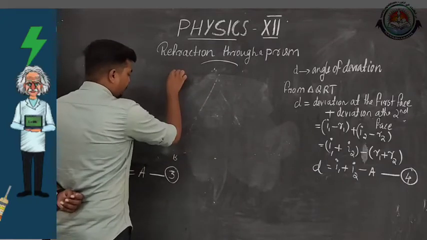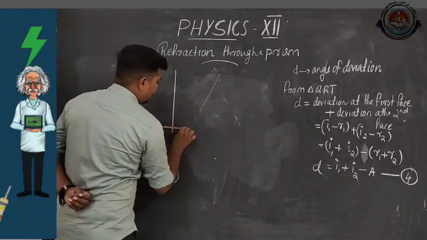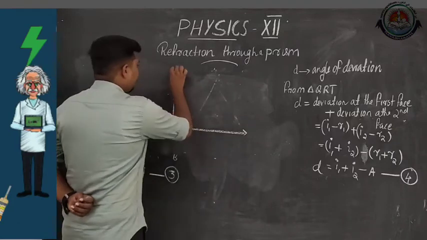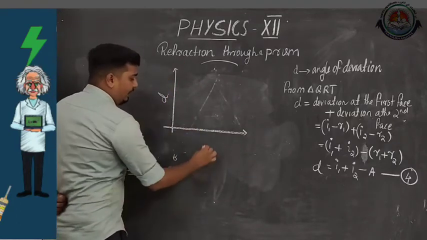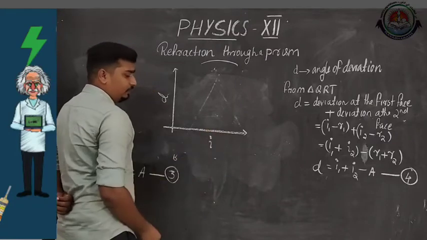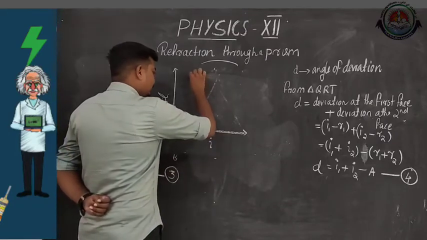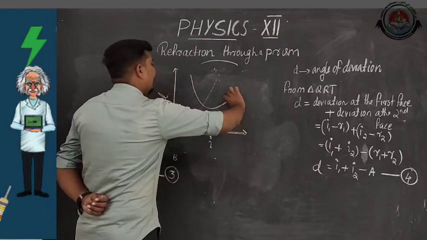Let us observe a graph. This is the angle of deviation and this is our incident angle, and the graph we get from that experiment looks like this.